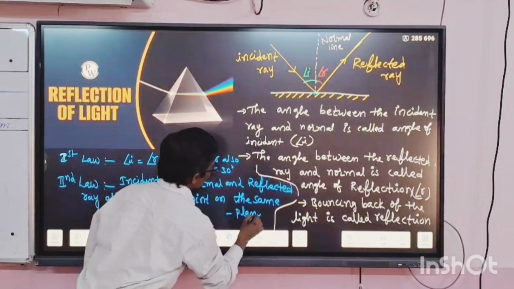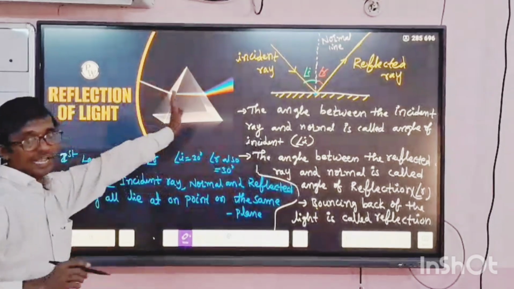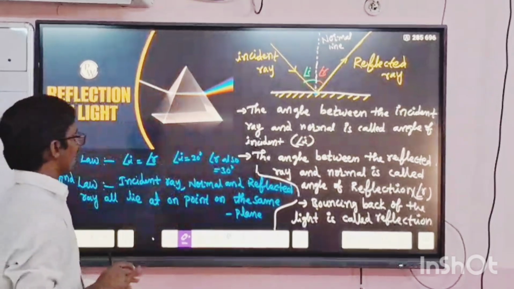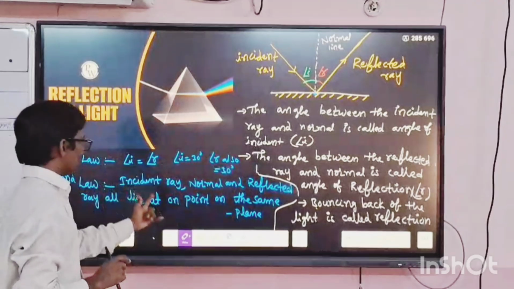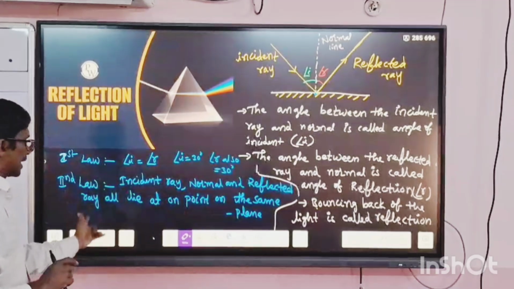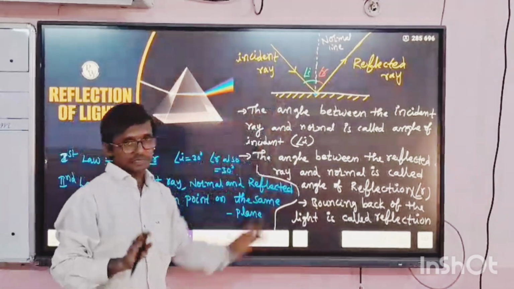So these are the laws of reflection. First law: the angle of incidence is equal to the angle of reflection. Second law: the incident ray, normal, and reflected ray lie at one point on the same plane.